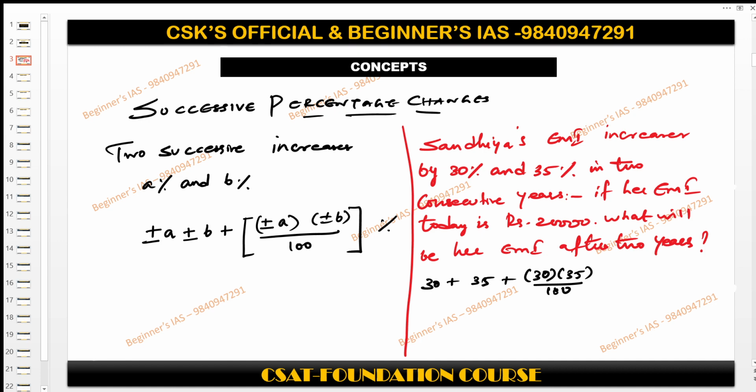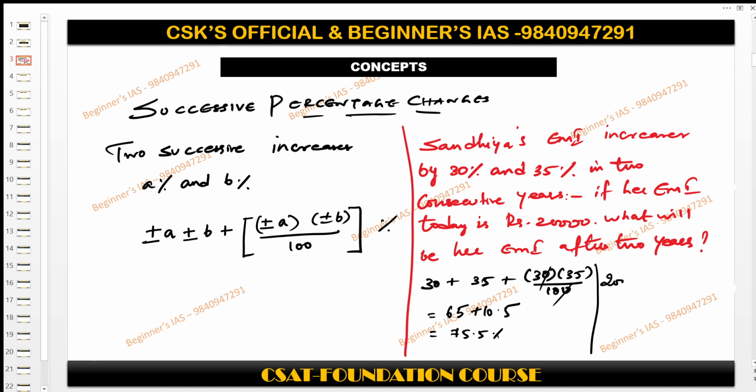Then you can say this as 65, plus, multiply 30 into 35, or cancel this, that's 105 by 100, so that is 10.5. You can say that it is a 75.5 percentage increase on the initial amount.